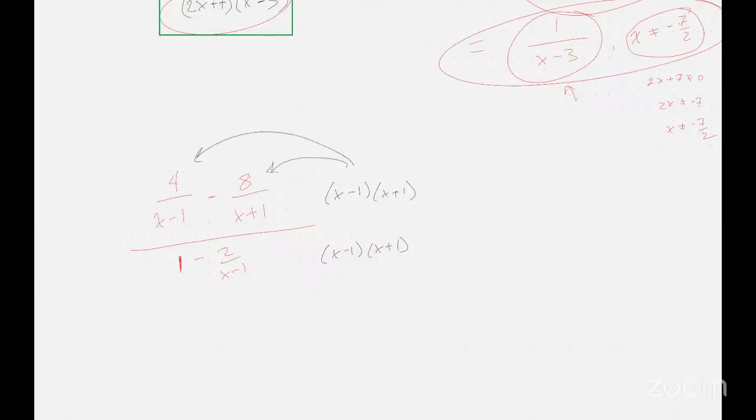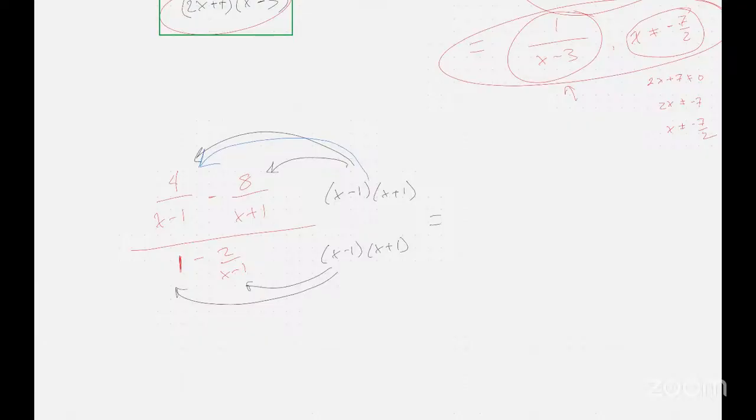And when I do that, what happens when I multiply it here? Let me color code this. What happens when I multiply this thing here? What cancels out? The x minus 1 cancels out, right? Can you see that?